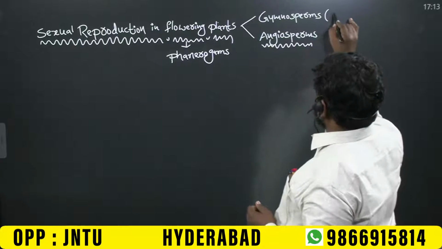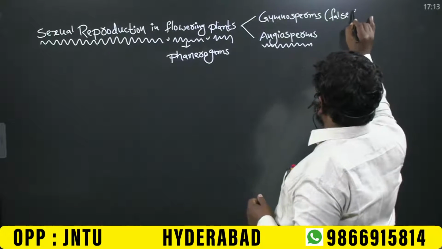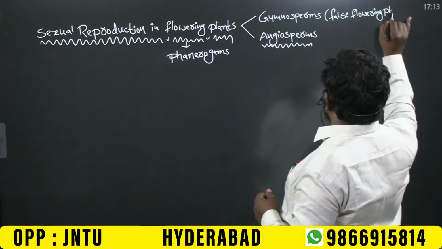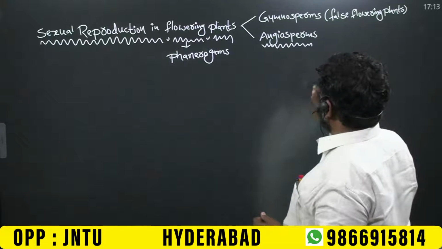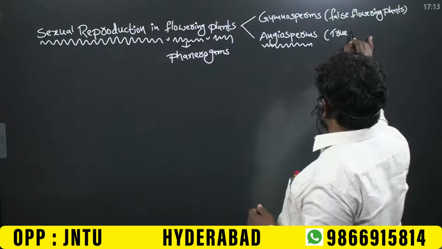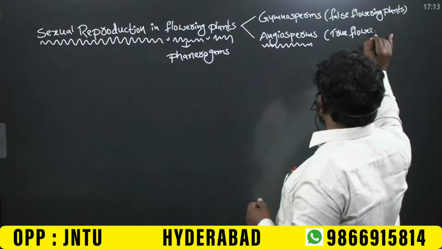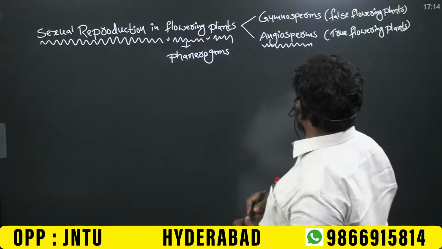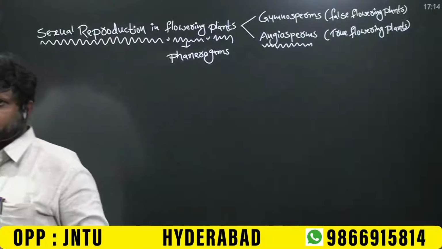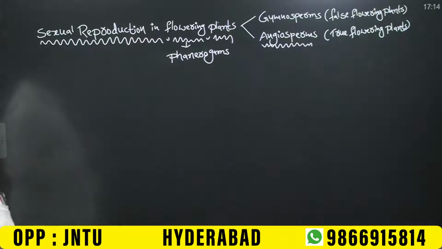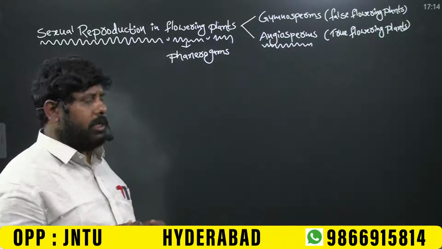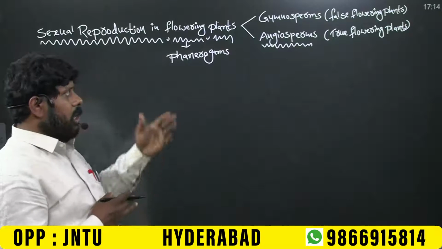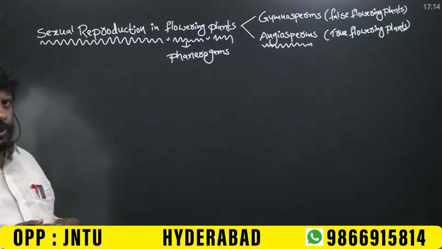Gymnosperms are considered as false flowering plants, whereas angiosperms are considered as true flowering plants. Sir, why are gymnosperms called false? Why are angiosperms called true?